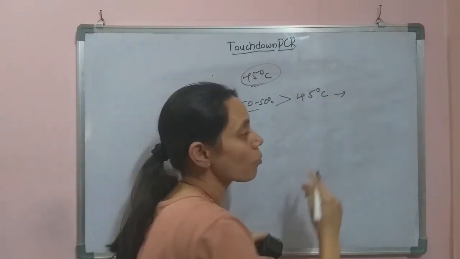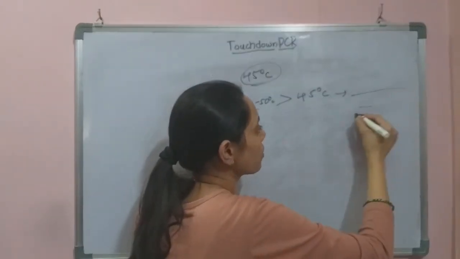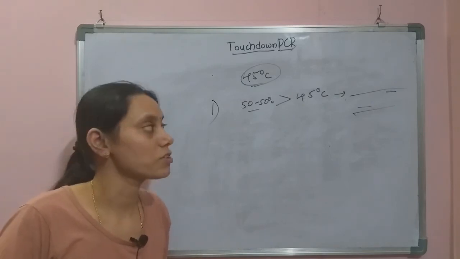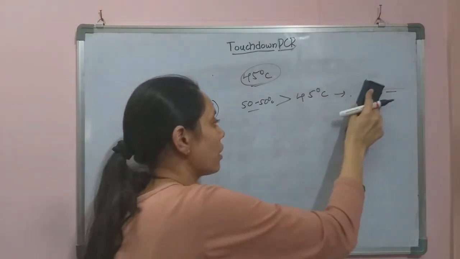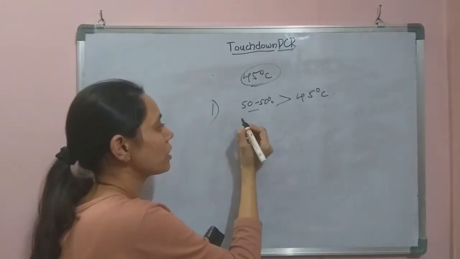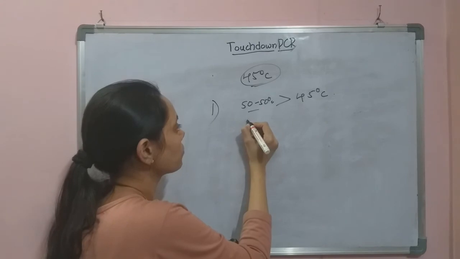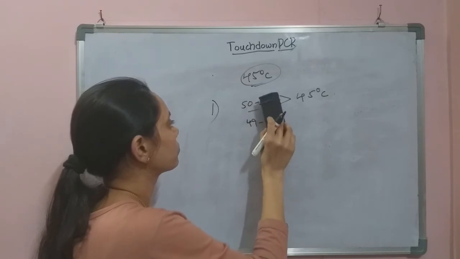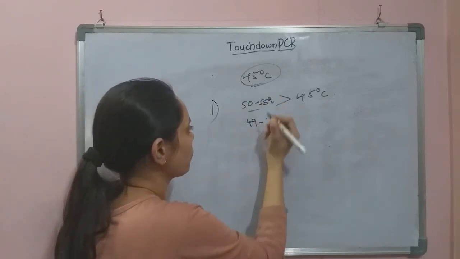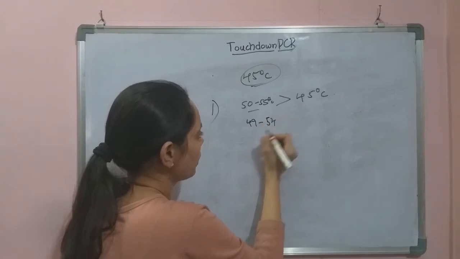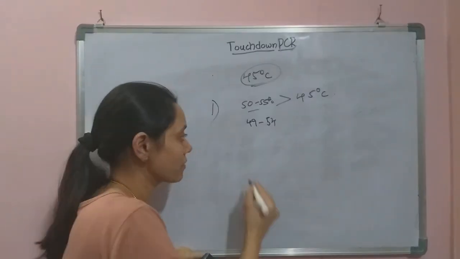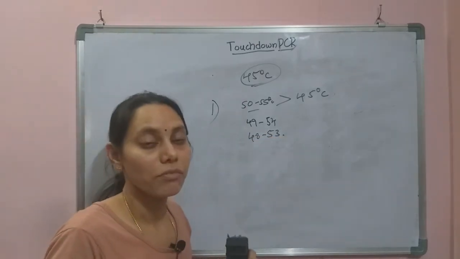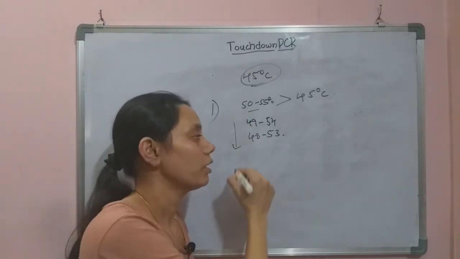It ensures proper binding of the primer and the target DNA, and because of the highly stringent conditions, non-specific binding is not possible. In the next step, the temperature is lowered by 1 degree, so 49 to 54. Likewise, in the next cycle, 48 to 53. Like that, the temperature is lowered 1 degree at a time.